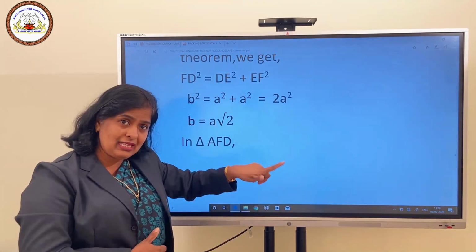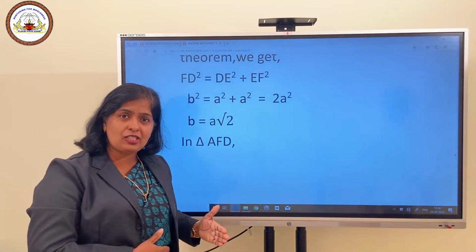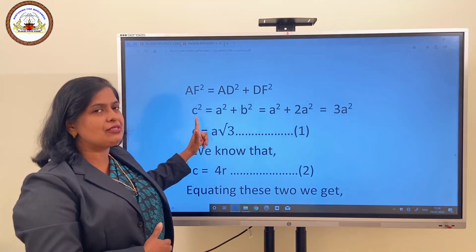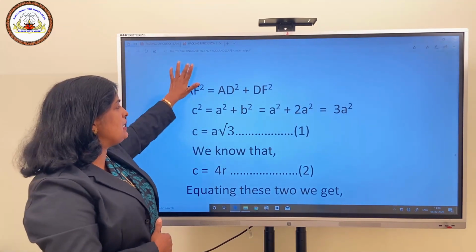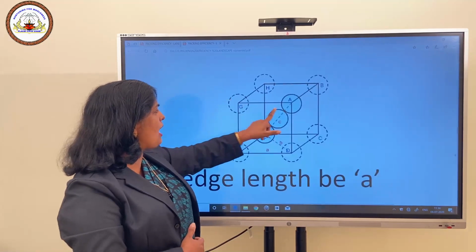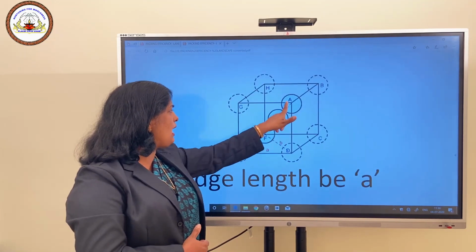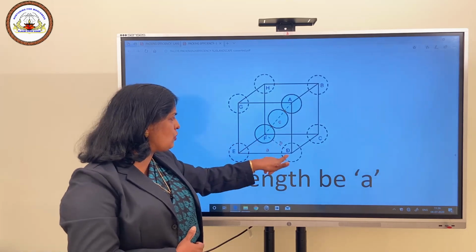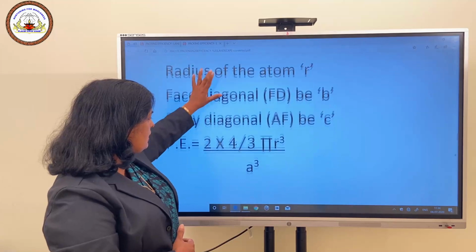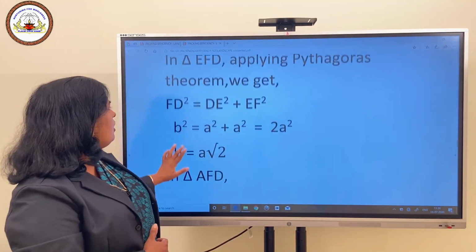Now we are considering the other triangle which passes through the body diagonal. Again, c square is equal to a square plus b square. Any doubt? Look, c square is equal to a square plus b square. The same thing we are applying here.